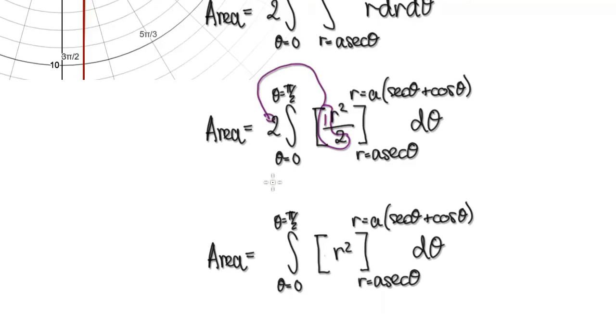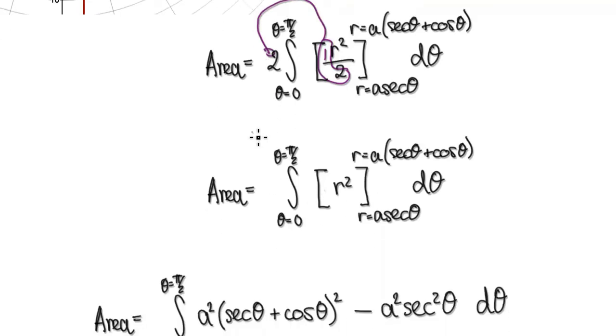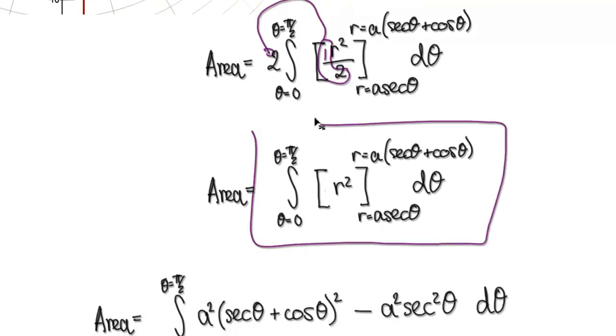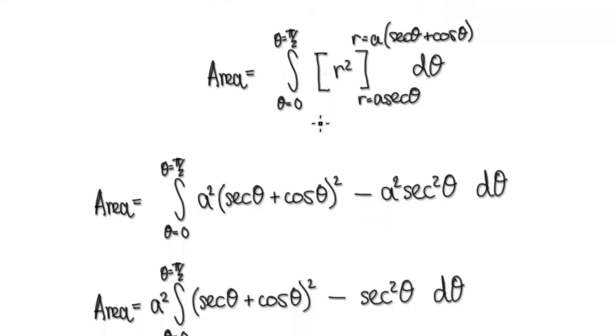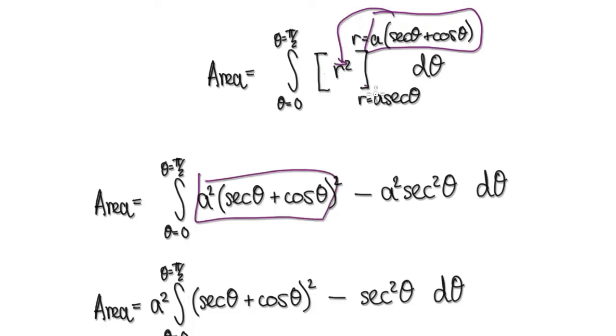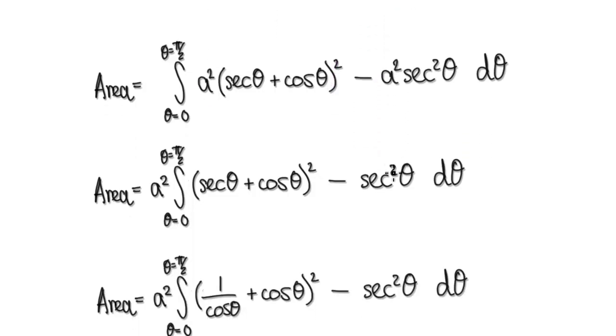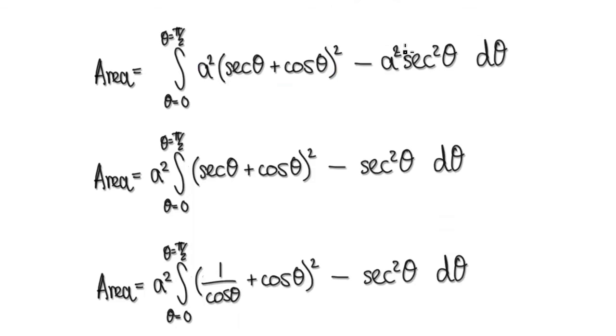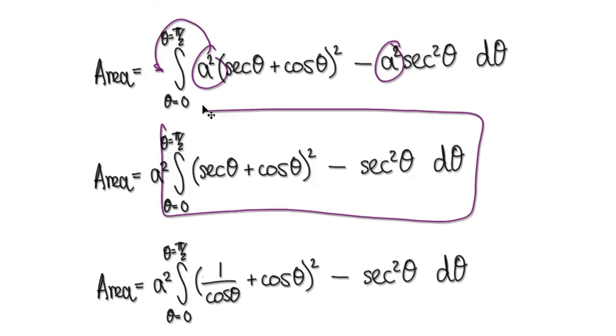That will then give us this, and then put this whole thing here into here. That will then give you this. Take away, put this thing into here. That will then give you this, and then factor out the a squared, so you can actually take it out. That will then take you to here.